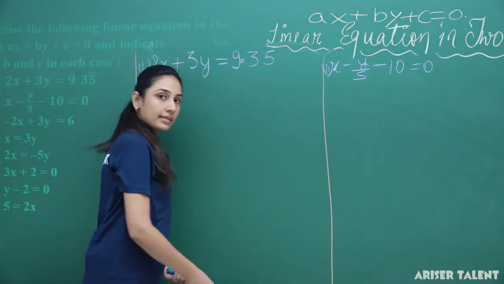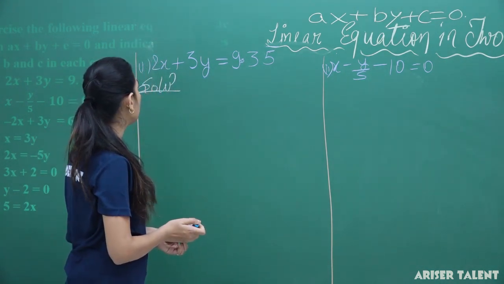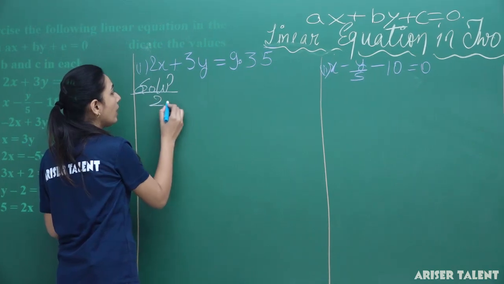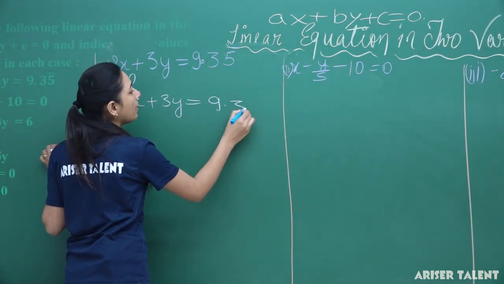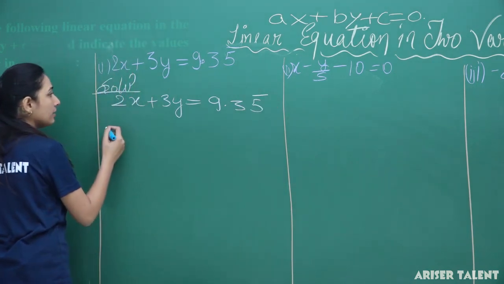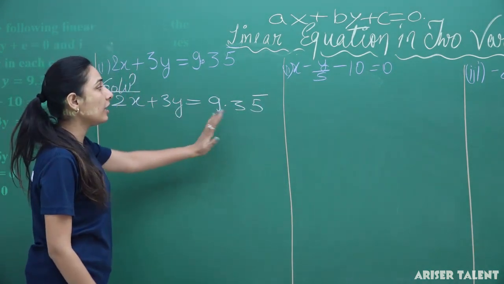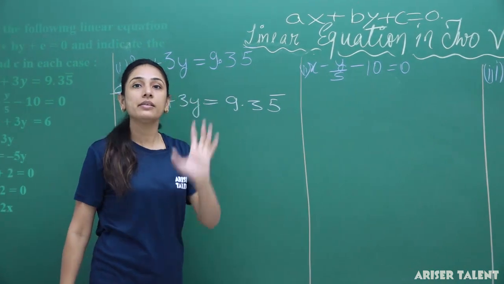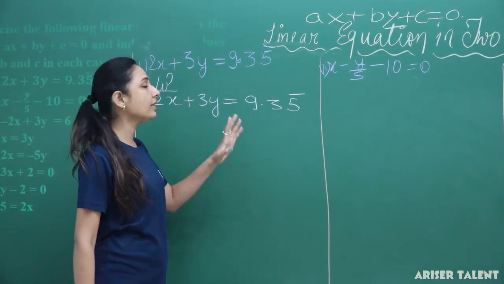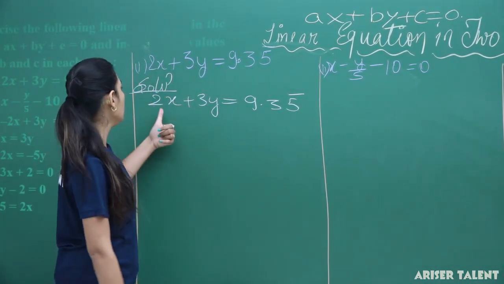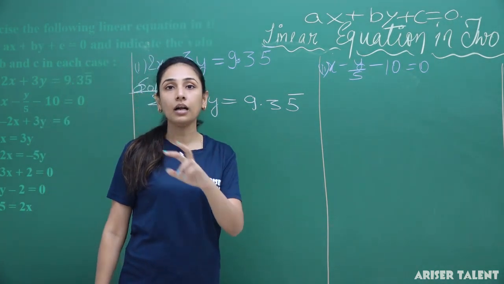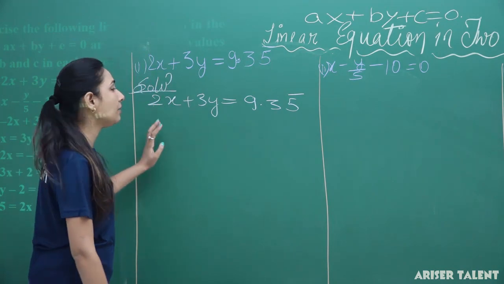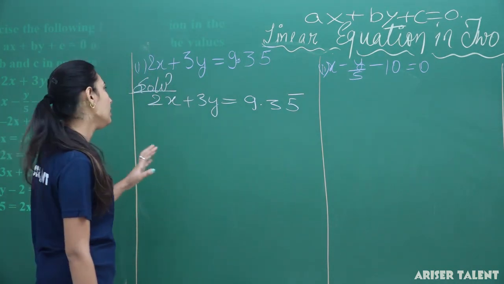Now the solution: 2x plus 3y equals 9.35 bar. 2 is real, 3 is real, 9.35 bar is a real number. So a, b and c are real numbers, and coefficient of x and coefficient of y, that means a and b, are not equal to 0. That means linear equation in two variables, right?